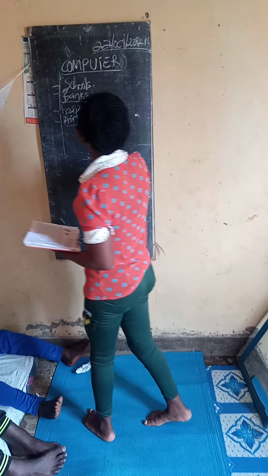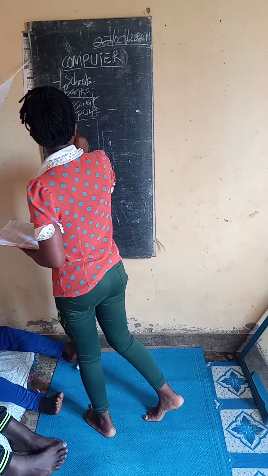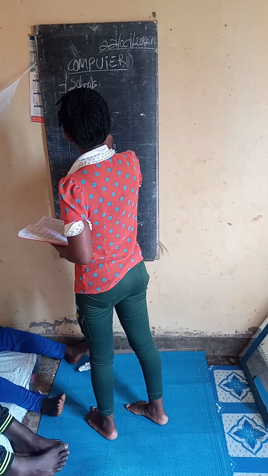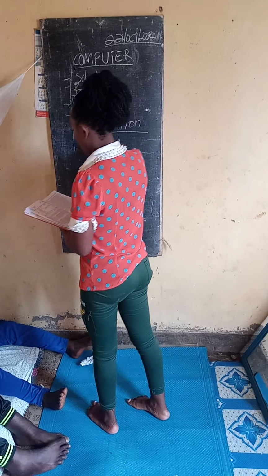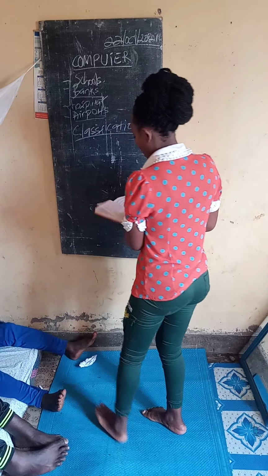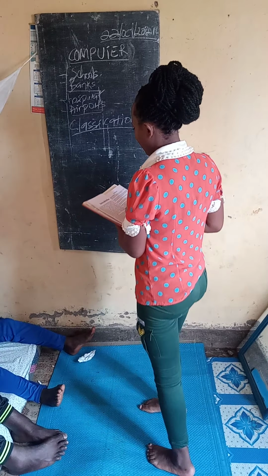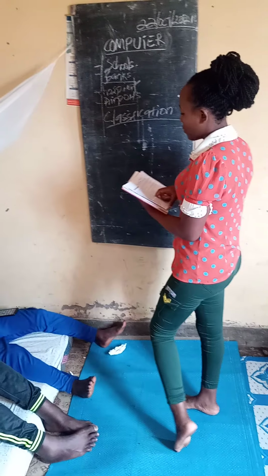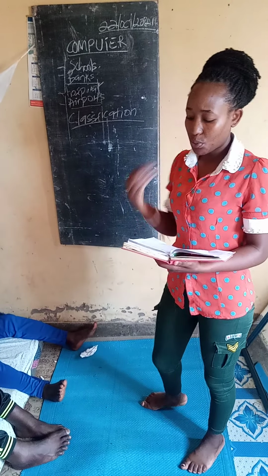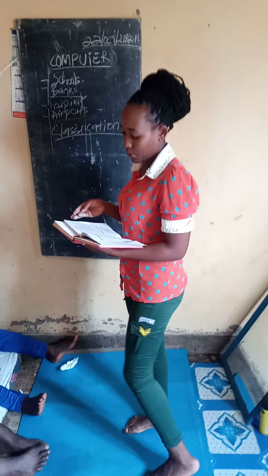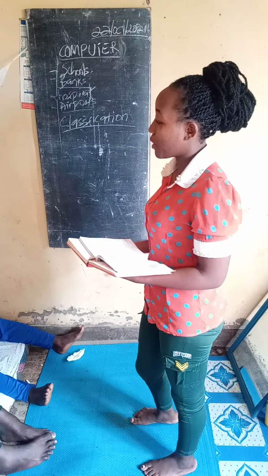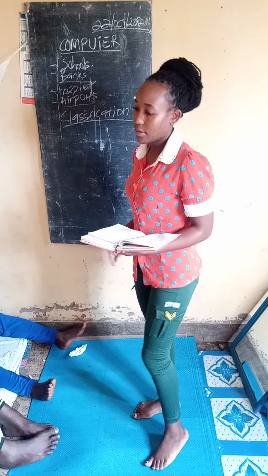So we are going to look at the classification of those computers. Those computers are available in different shapes, sizes, and weight. Due to the different shapes and sizes, they also perform different tasks.